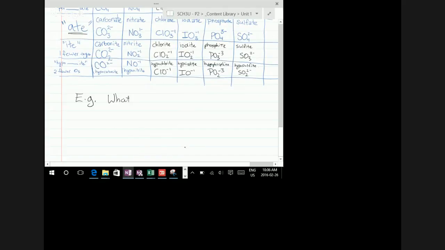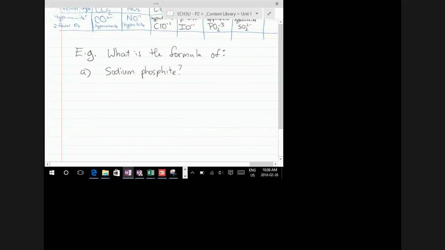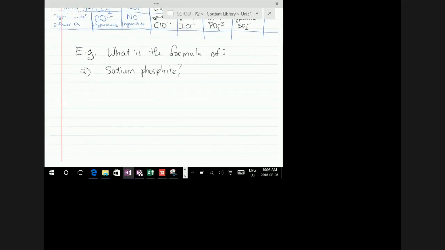What is the formula of sodium, which doesn't start with an N, sodium phosphite? What's the formula of it?